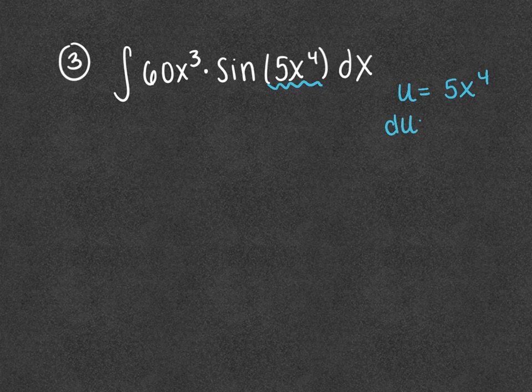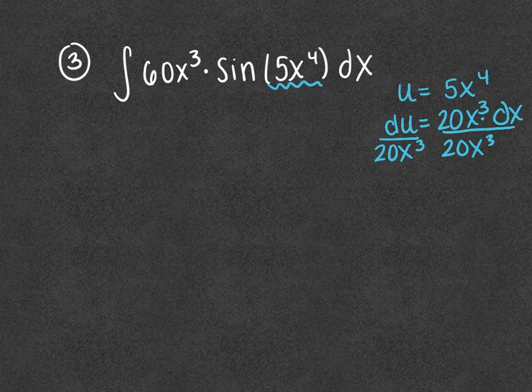And we still need to take the derivative. So the derivative of 5x to the fourth is 20x to the third dx. We still have to solve for dx by dividing. So we get dx is du over 20x to the third.